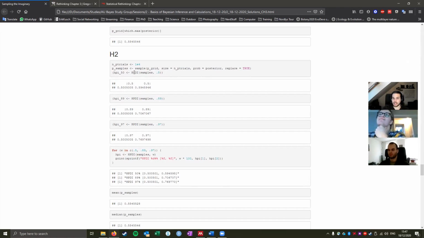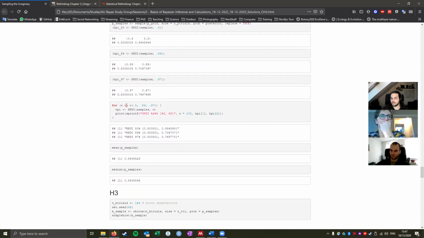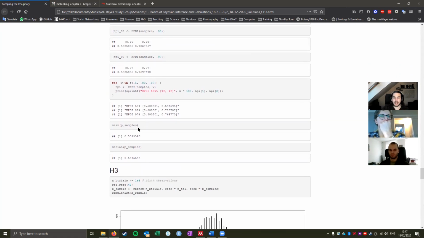I get my highest posterior density interval for a value of 0.5 here, then 0.89, then 0.97. I also just put that all into a for loop so it would come out as just one block, because I thought that was definitely more helpful here. And we can just see how the estimates between these values really expands. Does that make sense?